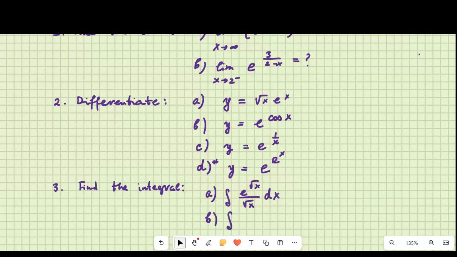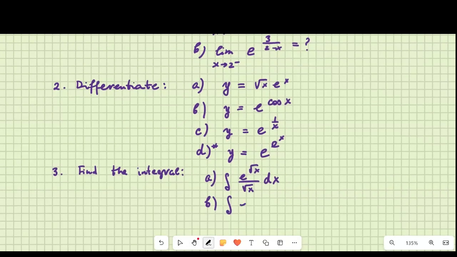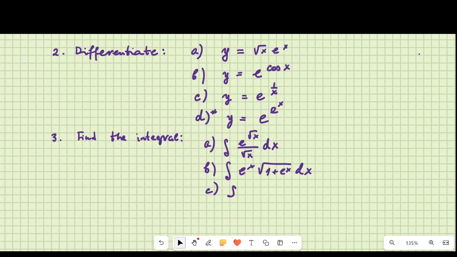Second one is e to the power of x over 1 plus e to the power of x. In all cases, you will need to do substitution. And the last one is going to be a definite integral, sorry. Integral from 0 to 1 of e to the power of negative 3x dx.